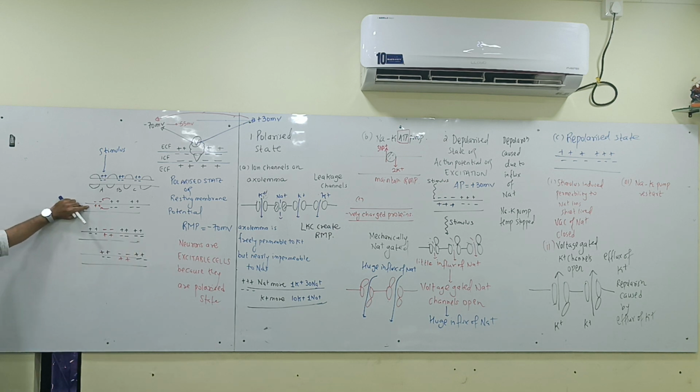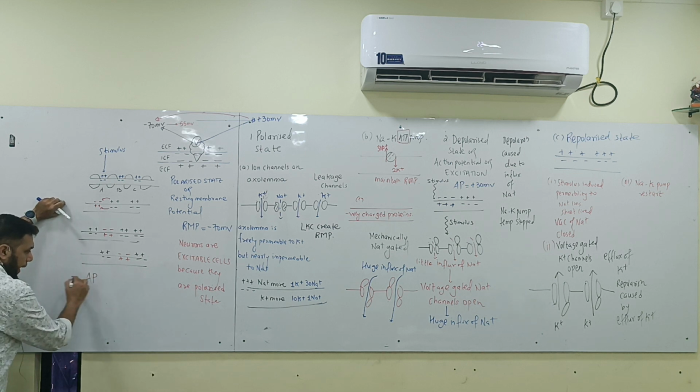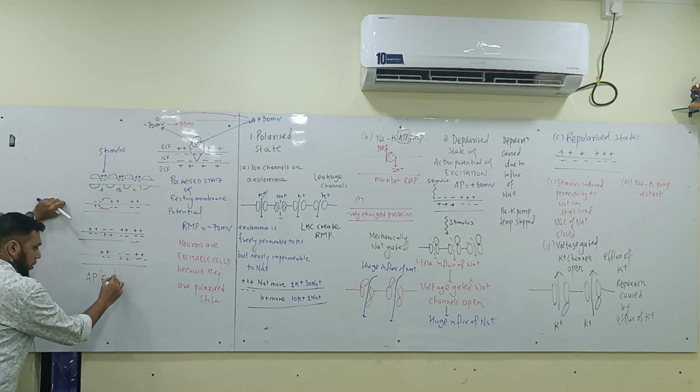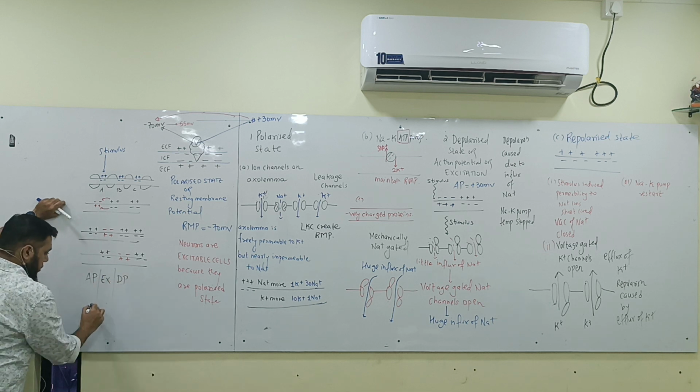So the action potential, what is the other name for action potential? Depolarization. What is the third name for it? Excitation. Does it remain there or does it move forward? Who is moving forward? Action potential or excitation or depolarization.